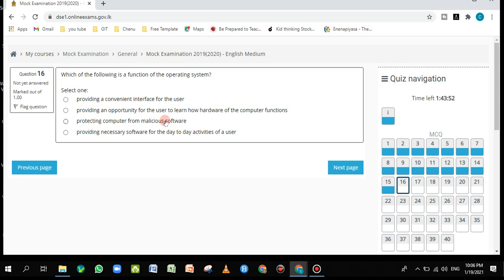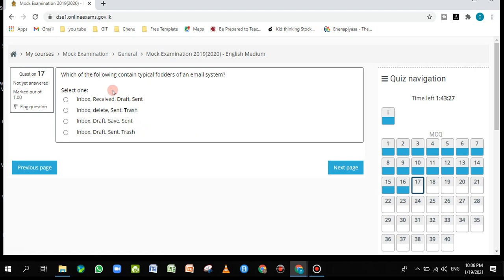It comes with the utility programs. Providing necessary software for the day-to-day activities of a user, that is also application software. Providing a convenient interface, that is true. Then we'll go to the next one.